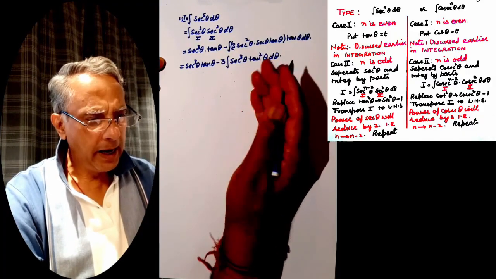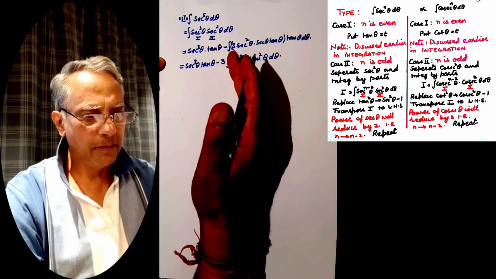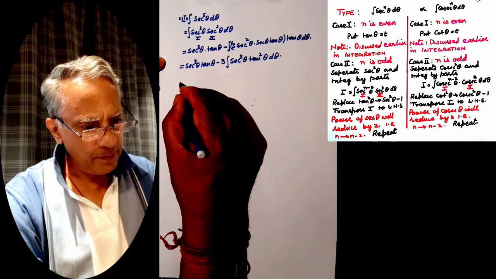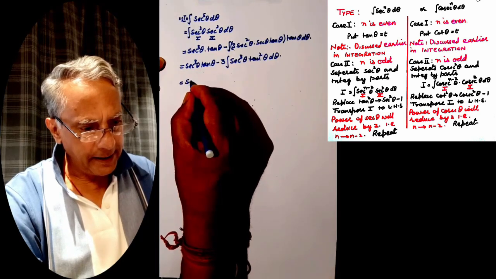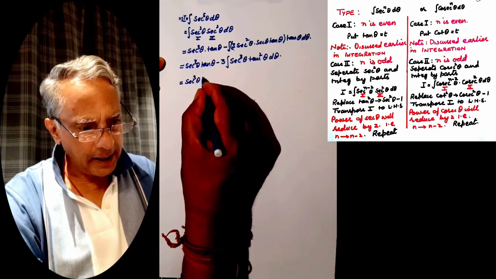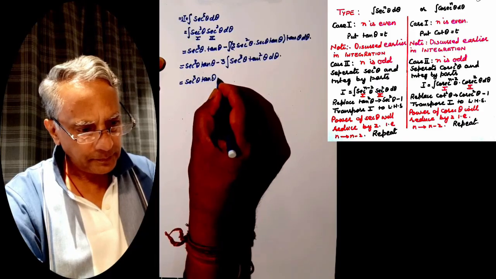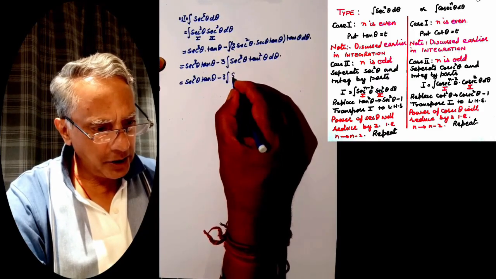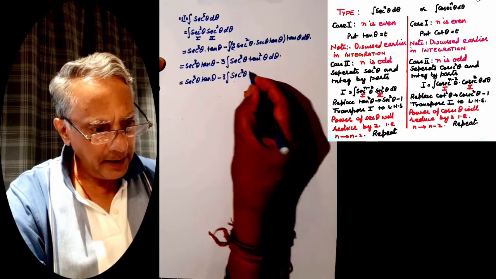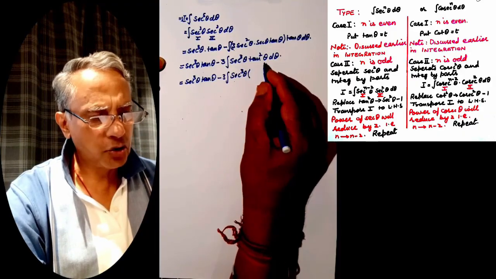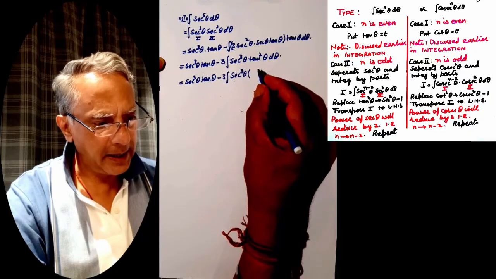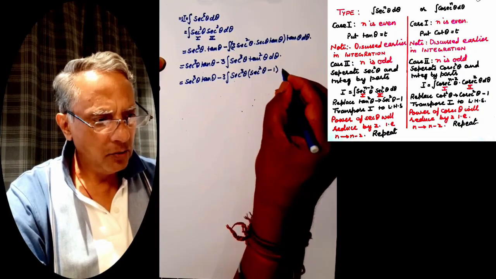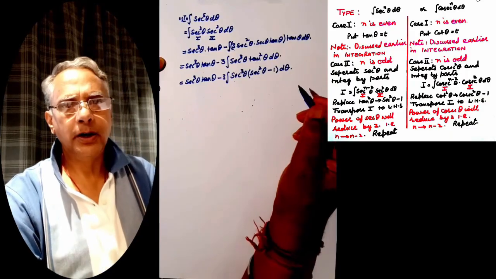Separate this into 2 and take I from right hand side to left hand side. So this is equal to secant cube theta tangent theta minus 3 into integral secant cube theta into tangent square theta. Tangent square theta can be written as secant square theta minus 1 using the square formula.